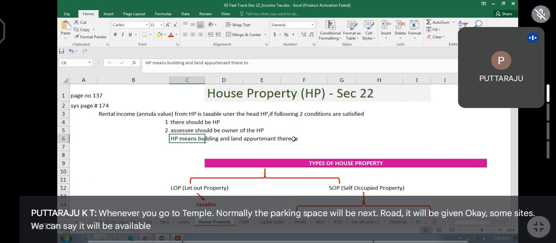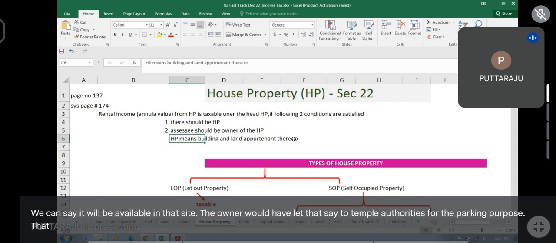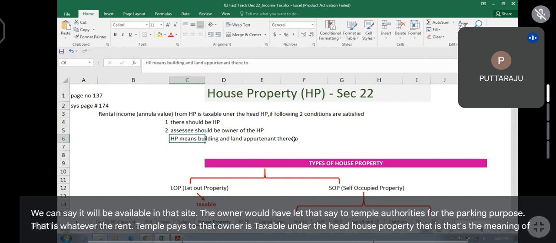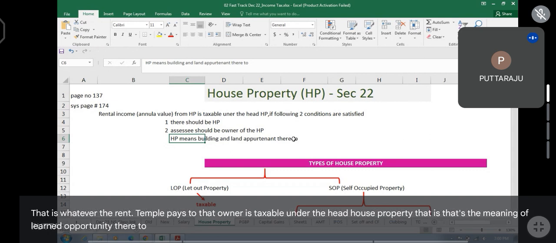In that site, the owner would have let that site to the temple authorities for parking purposes. Whatever rent the temple pays to that owner is taxable under the head house property. That's the meaning of land appurtenant thereto. Okay.